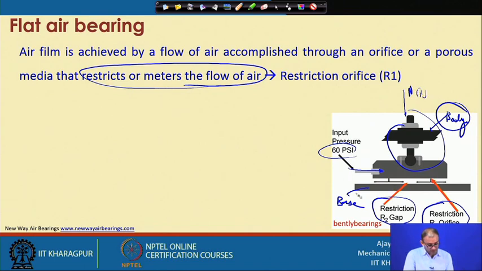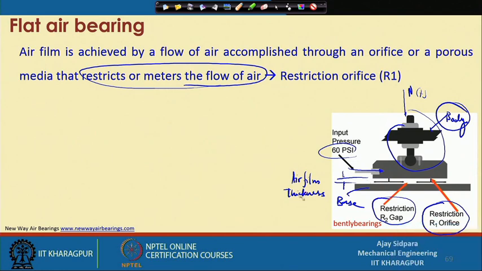Then depending on that you have to finalize how much air film thickness is required. Suppose we consider the air film thickness to be maintained as 15 micron and your load is variable. Then you have to restrict the supply, or meter the flow, in such a way that even if there is a variation in the load, you always maintain the same film by maintaining a particular pressure, because we know the area available at this location.